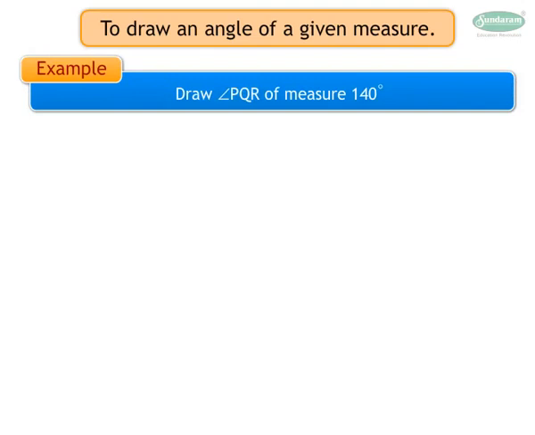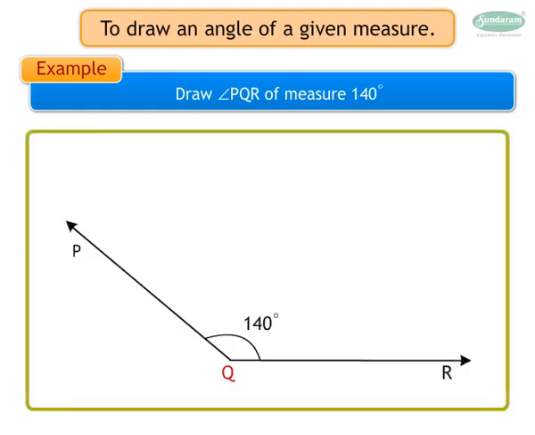Now, let's take another example. Draw angle PQR of measure 140 degrees. Let's see the method of drawing the angle. In this figure, point Q is the vertex of angle PQR. Ray QP and ray QR are its sides.